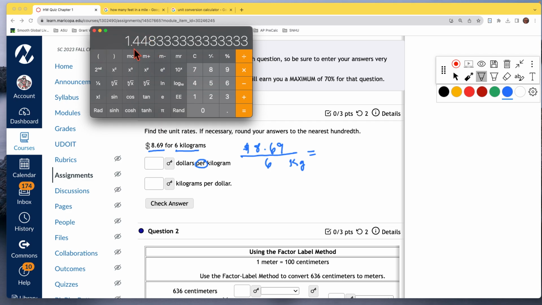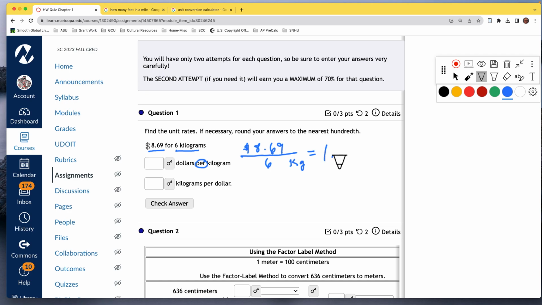The 4 got rounded up because next to the 4 is an 8. I'm more than halfway, so we're going to do this 1.45. And what's our units? That's dollars per kilogram. What that basically does, you could think of, we divided everything by 6. That's saying that if I were to buy 1 kilogram, it would cost me $1.45.